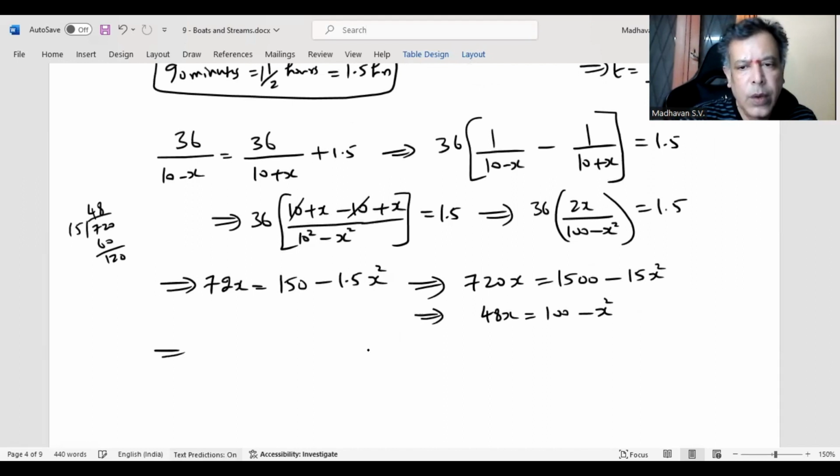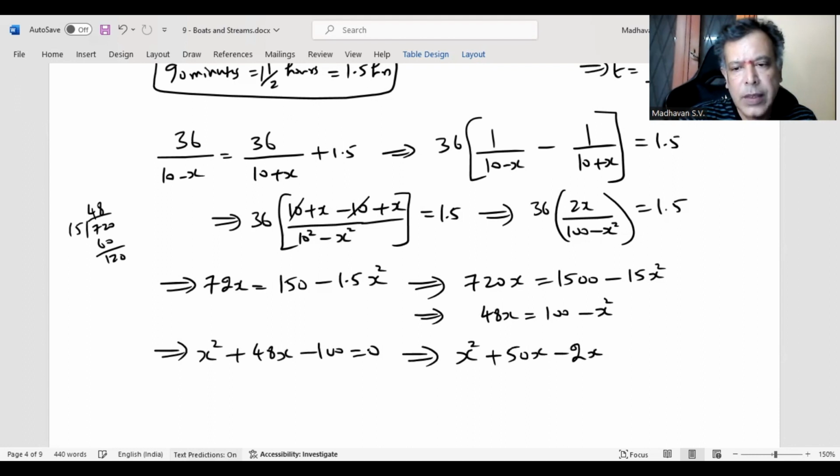Which will lead to a quadratic equation, x square plus 48x minus 100 equal to 0, which can be split. 48x can be split as plus 50x minus 2x minus 100 equal to 0. First two terms, x is common, so x plus 50. Second two terms, 2 is common, x plus 50.